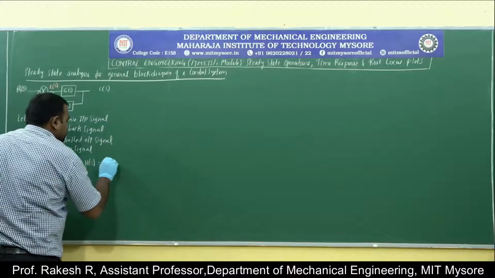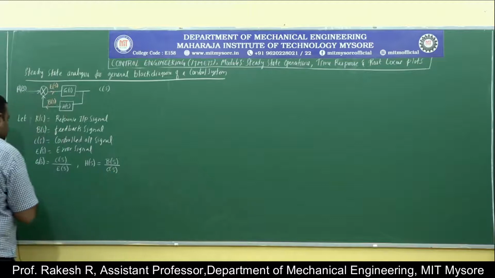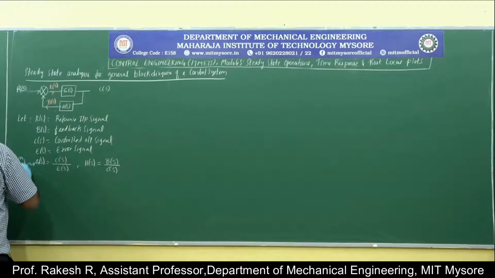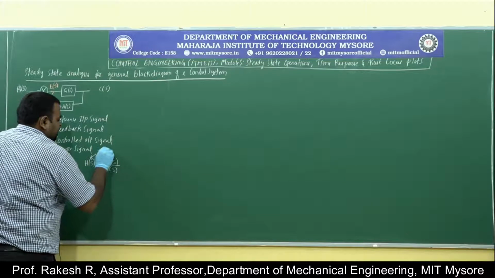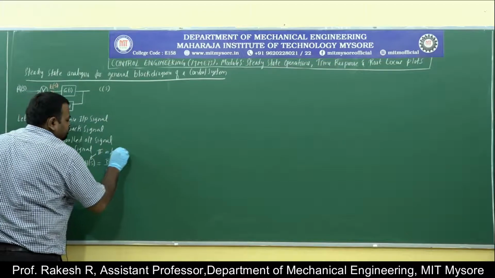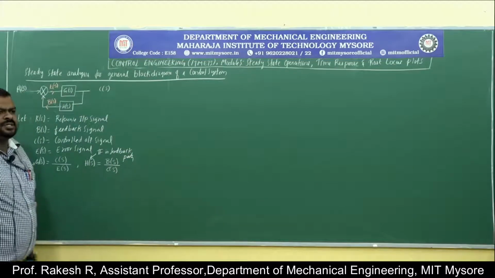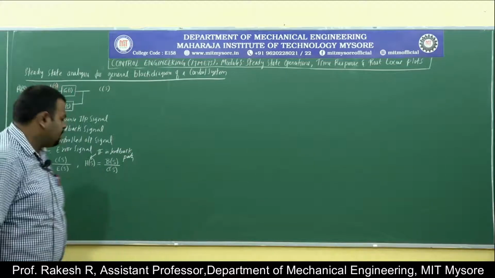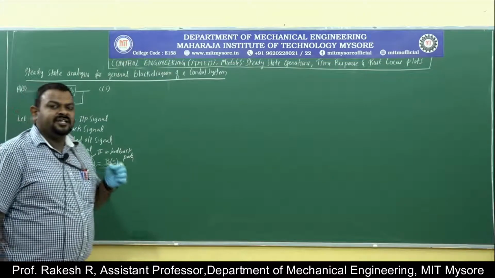Again, output is B of S and input is C of S. So this is the transfer function in the forward path, and this is the transfer function in the feedback path. These things you have studied in the previous sessions in block diagram algebra. My intention is to obtain the steady state output.